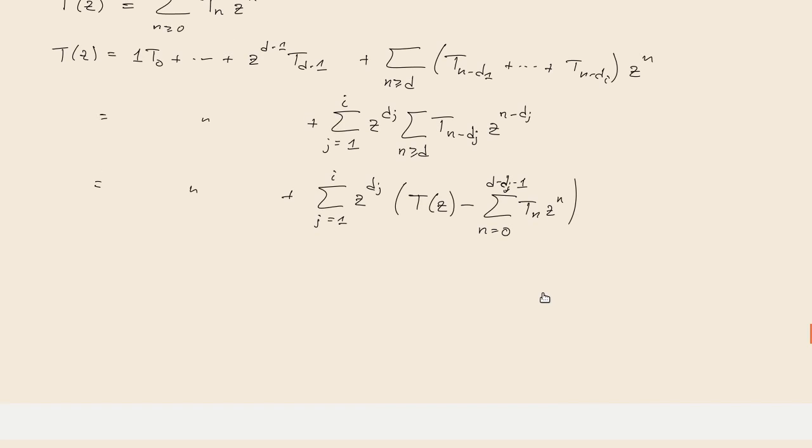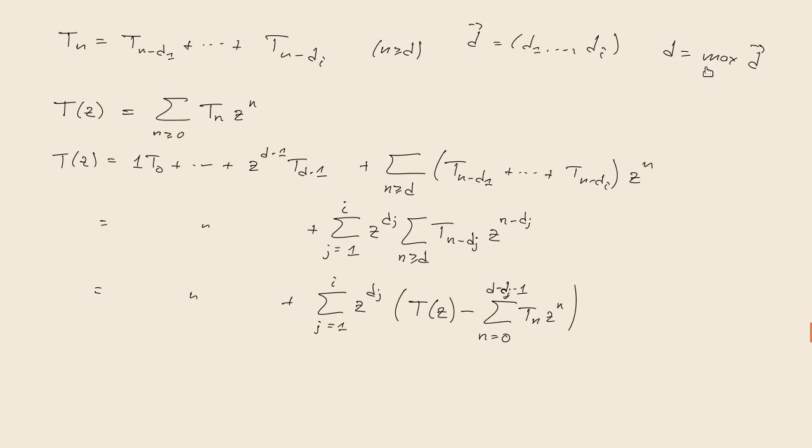Wouldn't it have to be z to the d instead? At which point? Just right there. Those both sums, shouldn't they be z to the d instead? So d was the maximal entry of this vector, and here we pull out just as many as we have here.